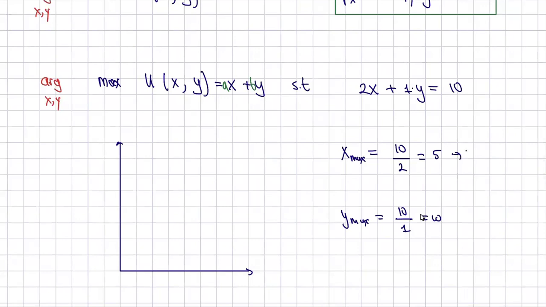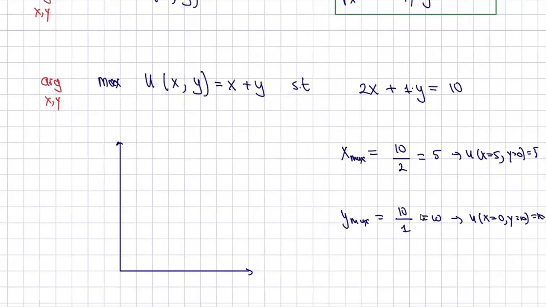The utility when x is at its maximum and y is 0 is 5, ignoring the a's and b's for a second. And the utility when x is 0 and y is 10 is 10. I can see that 10 is greater than 5, so I know it's going to be a corner solution where I spend all my money on y.